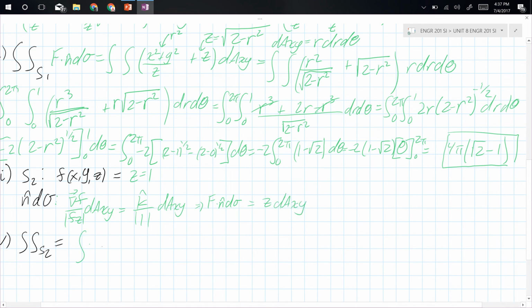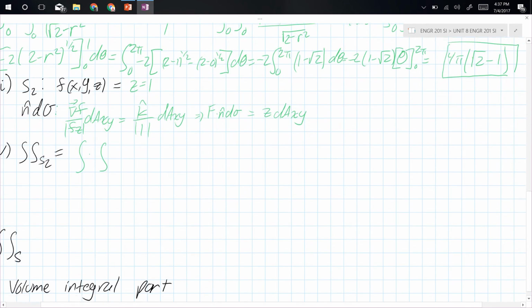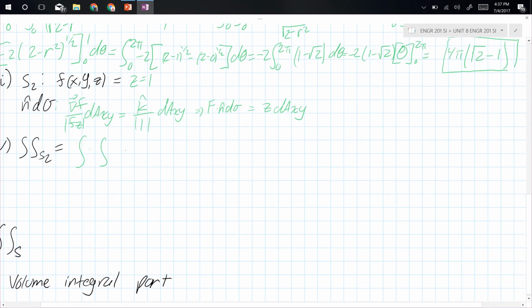So you plug this in. If it's z, we're going to do the same method as before, in terms of r and theta, so we make z equal to 1 for our surface. dA is going to end up being r dr d theta. Same limits as before, 0 to 1, 0 to 2 pi. So then this would equal r squared over 2 from 0 to 1, d theta.